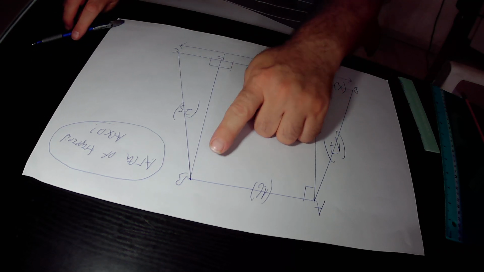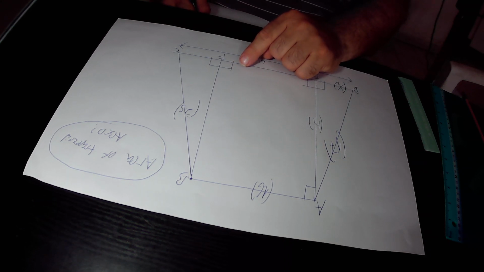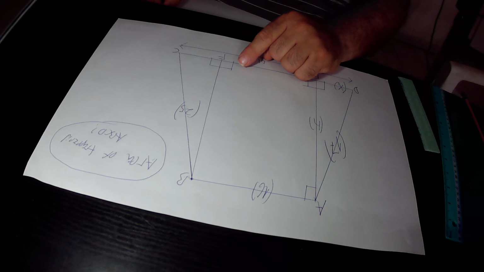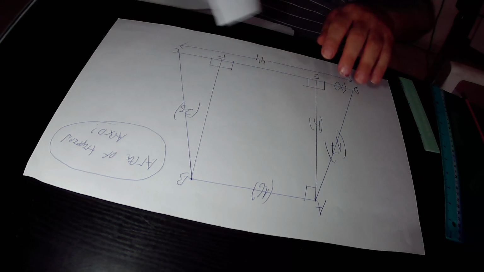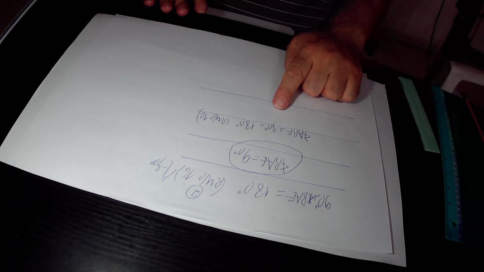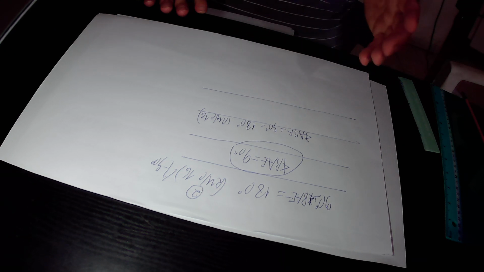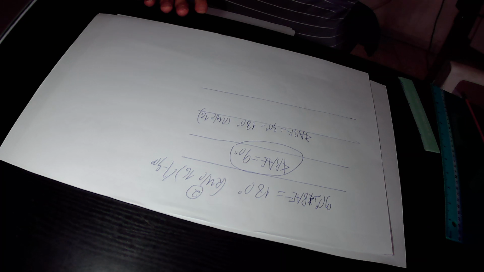The missing angle ABF plus this right angle, in total it must be equal to 180 degrees, because they are both defined as one-sided angles, and according to rule 16, the sum of two one-sided angles is equal to 180 degrees.